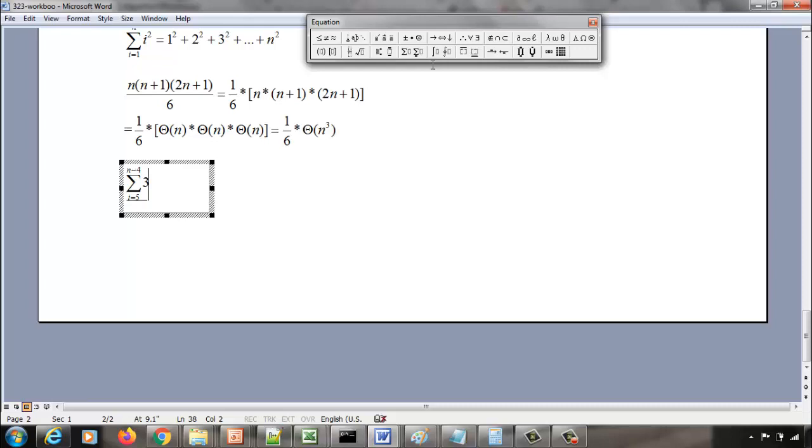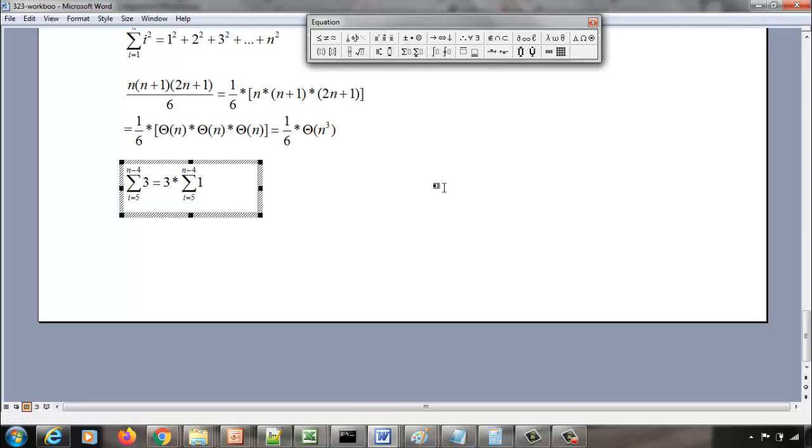If you want to work out this summation, the first thing you have to do, since you notice a constant inside the summation, is take it outside and introduce 1 inside the summation. So i equals 5 to n minus 4, 1.